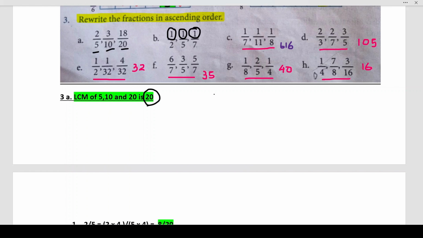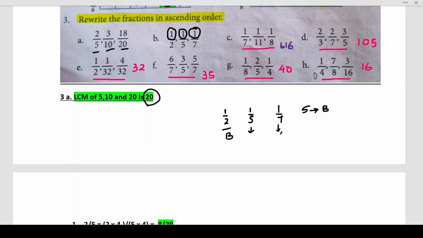Now, when the numerators are the same, what will you do? First you write 1 by 2, then 1 by 5, and then 1 by 7. Now, ascending order means small to big. Ascending means increasing, small to big. But what did we say here? We said that the numerators are the same, so the one with the smallest denominator is the biggest. So among these three, which has the smallest denominator? The first fraction, so this is the biggest. But we have to show small to big, so this is the biggest. Then comes 1 by 5, then your 1 by 7, which is the smallest.